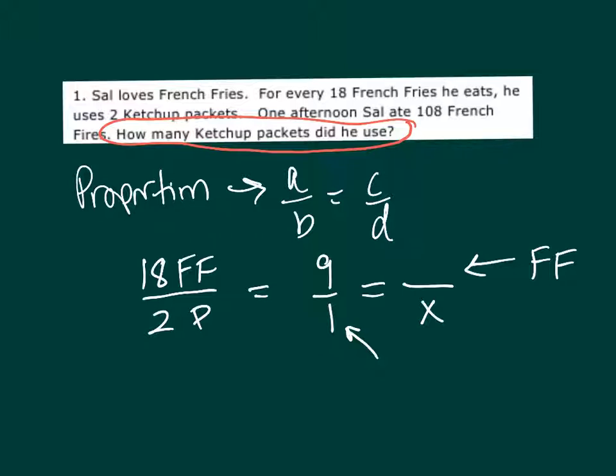How many French fries did Sal actually eat? He ate 108 French fries. So I'm going to put 108 in the top because that relates to the French fries. The X is in the denominator because that relates to the ketchup packets.